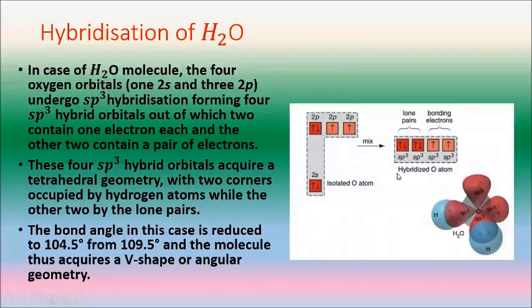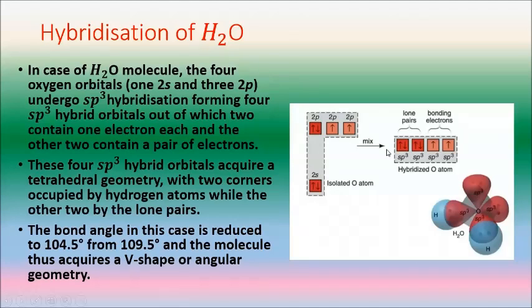sp3 hybrid orbitals, right? Now, what happens is when these 4 sp3 hybrid orbitals are there, we have only 2 hydrogen atoms. So, the 1s orbital of the hydrogen atom will overlap with the unpaired electron of the 2p orbitals, making it a sigma bond of sp3-s hybridization.